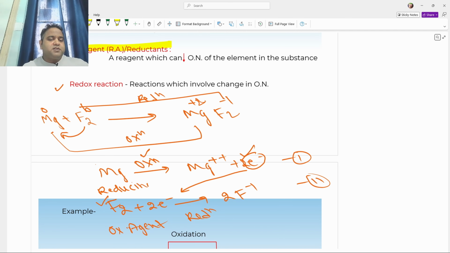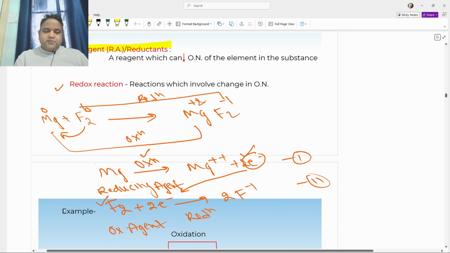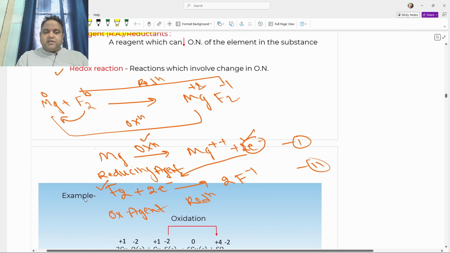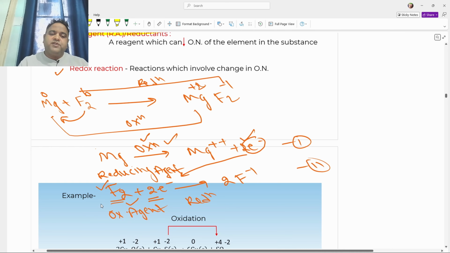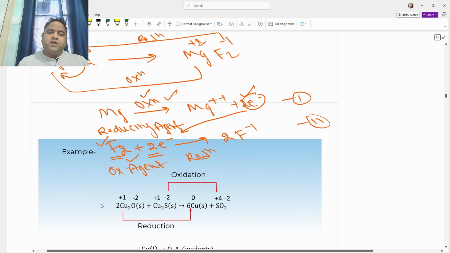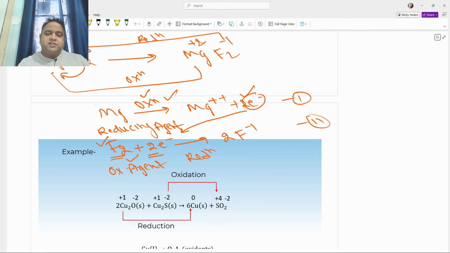Magnesium is a metal and metals are generally reducing agents because they have a tendency to lose electrons. So we will assume that the reduction of fluorine happened because of magnesium, and the oxidation of magnesium is because of fluorine. So they are going to be responsible for their acts. The element which oxidizes itself acts as the reducing agent, and the element which reduces itself is called the oxidizing agent.